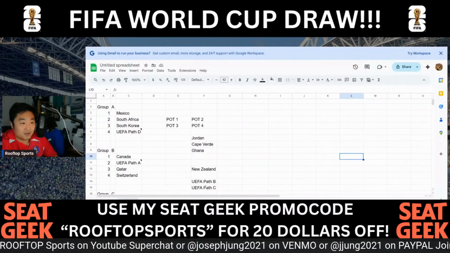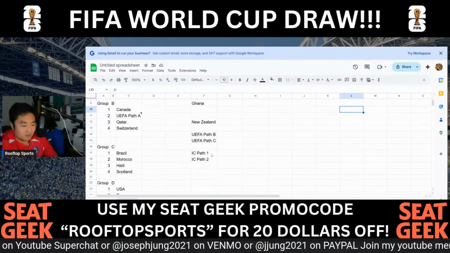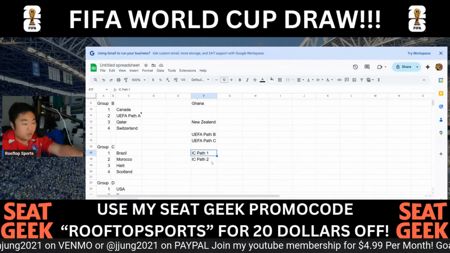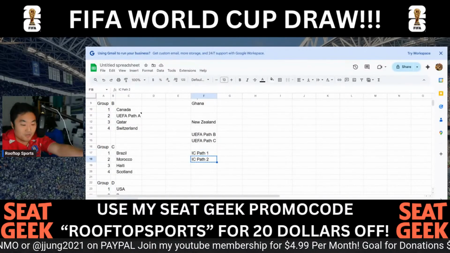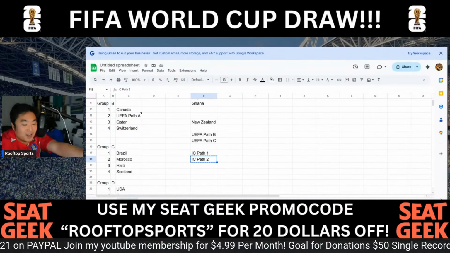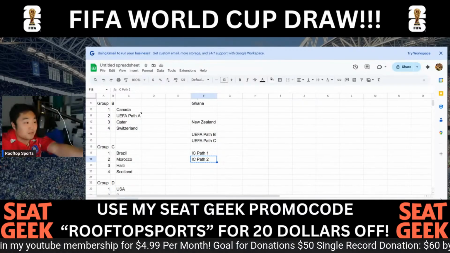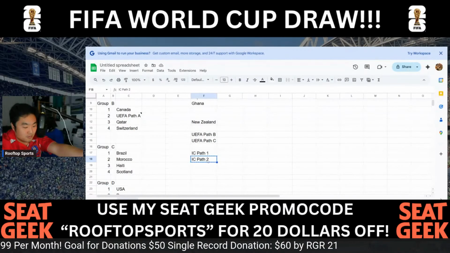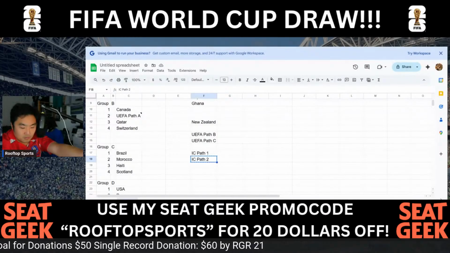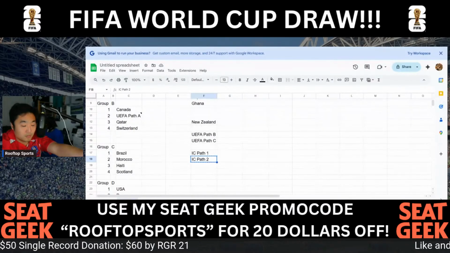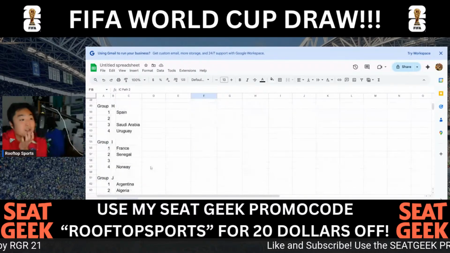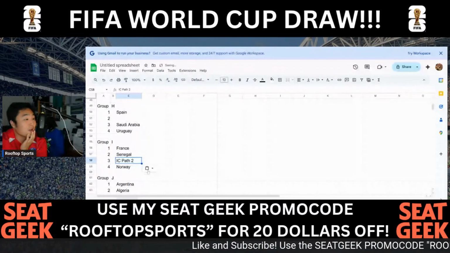Looks like the inter-something, FIFA playoff 2. It's either Iraq, Bolivia, or Suriname. I can't even pronounce that. Group I. They're going to be playing France, Senegal, Norway.